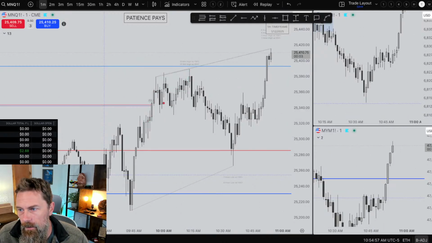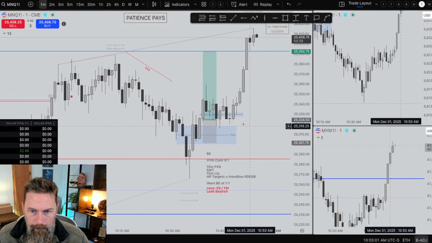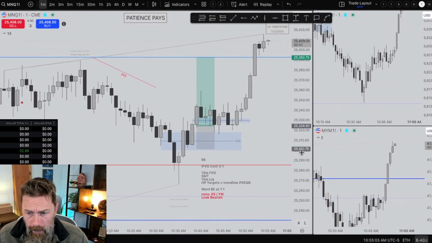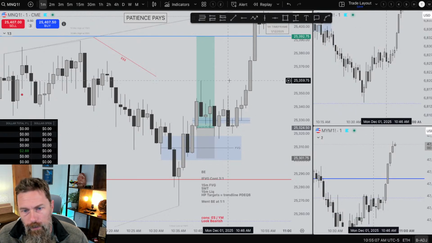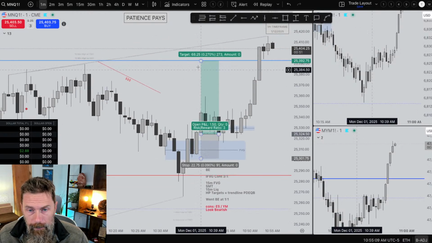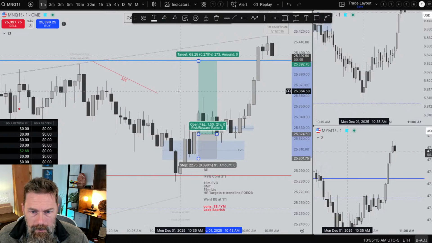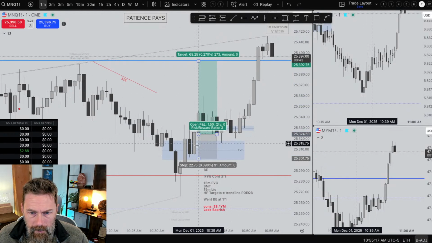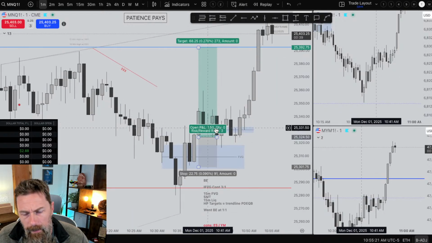And then here, I followed my new rules. I entered my normal setup, but my new rules are if I'm targeting 3R, but if price hits 1R, which hit 1.5, I go break even. So price quickly hit 1.5R, I went break even. Kind of consolidated around entry, which is not what I typically want to see.